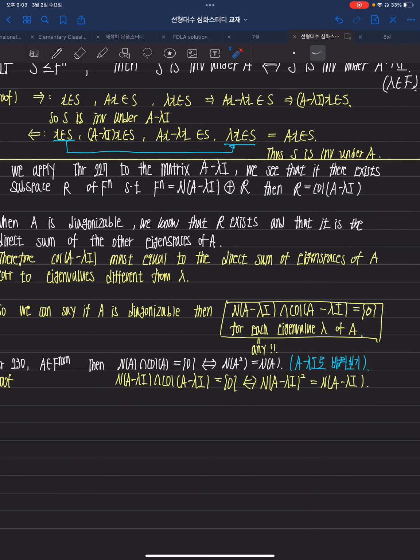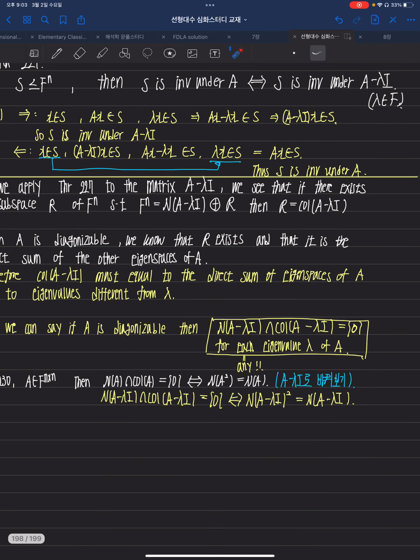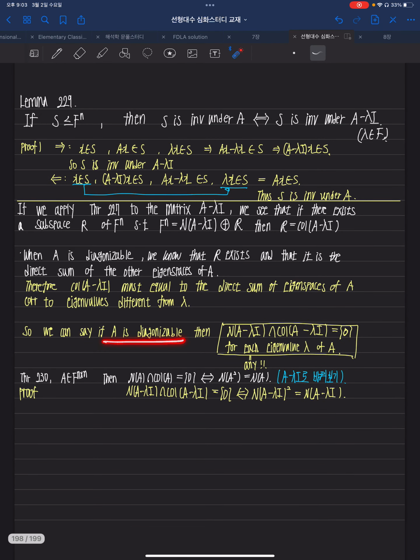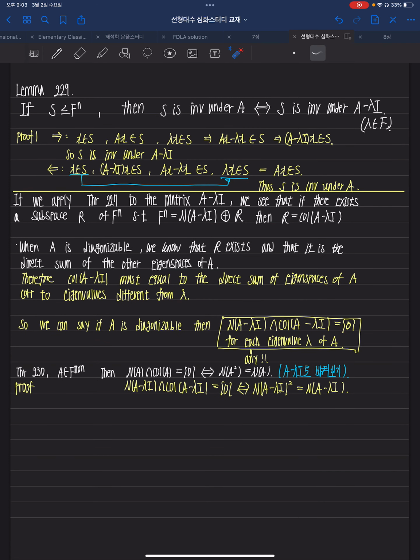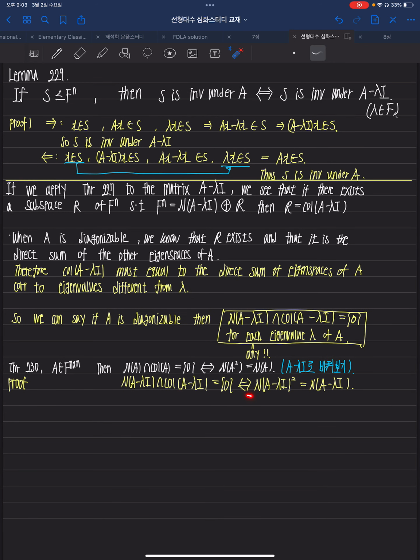So I can also say if A is diagonalizable, then for any eigenvalue lambda of A, this statement must hold: the null space of (A minus lambda I) squared is equal to the null space of A minus lambda I.